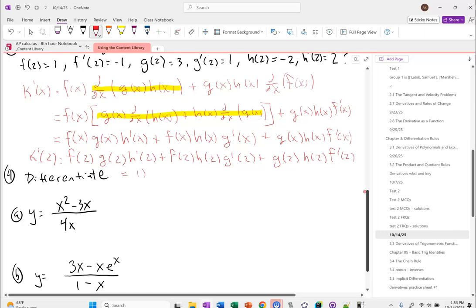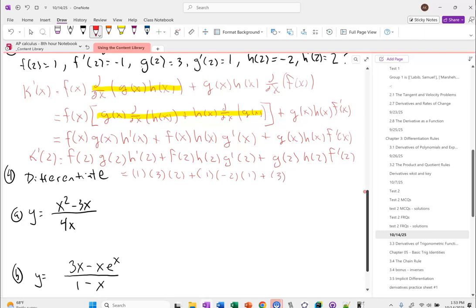So f of 2 is 1, g of 2 is 3, h prime of 2 is 2, f of 2 is 1, h of 2 is -2, g prime of 2 is 1, g of 2 is 3, h of 2 is -2, f prime of 2 is -1.